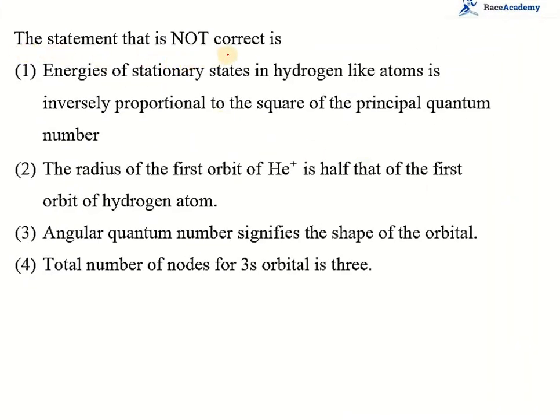Next, the statement that is not correct is: energies of stationary states in a hydrogen-like atom is inversely proportional to the square of the principal quantum number. This is correct, because energy is inversely proportional to n squared. The radius of the first orbit of helium is half that of the first orbit of hydrogen atom.